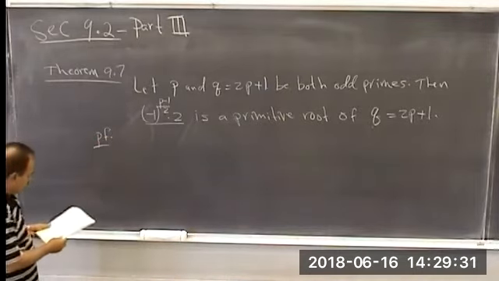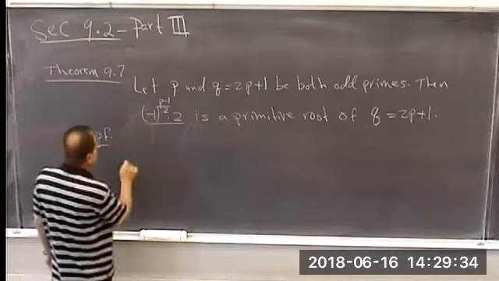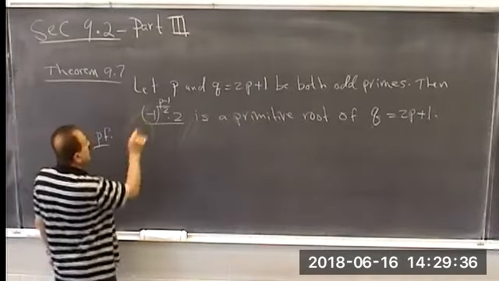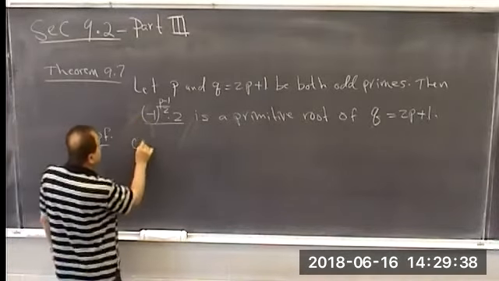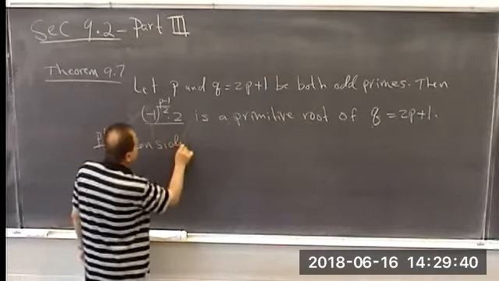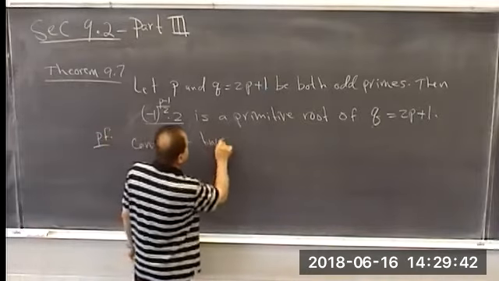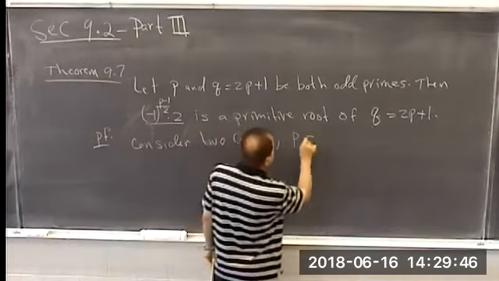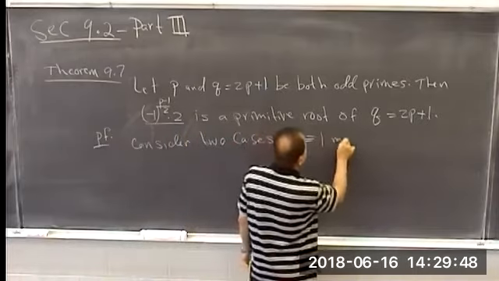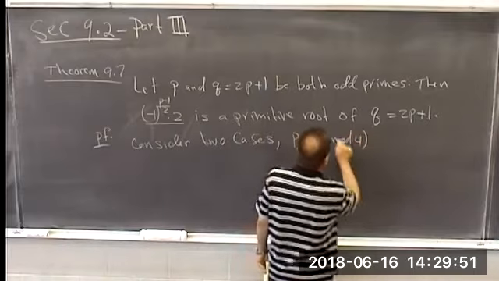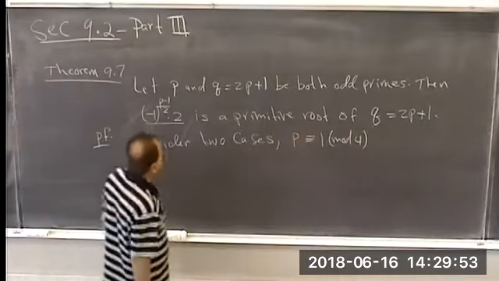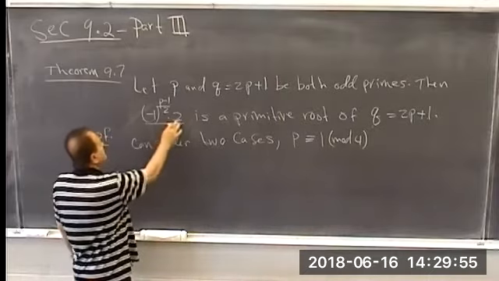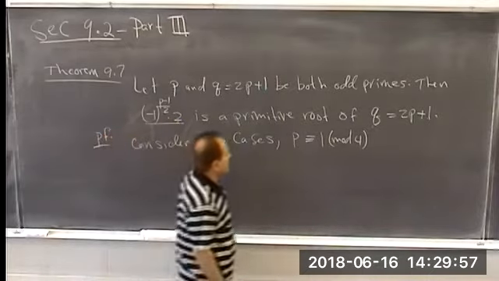We're going to start by considering two cases for the form of the prime p. P is congruent to 1 mod 4, and this is going to give us positive 2.